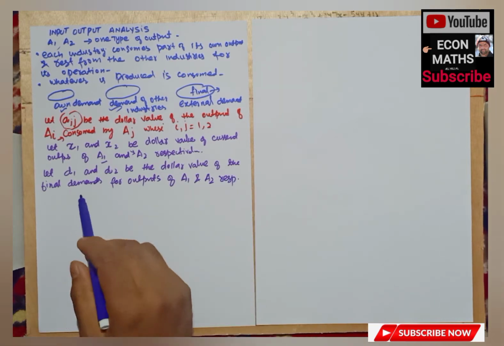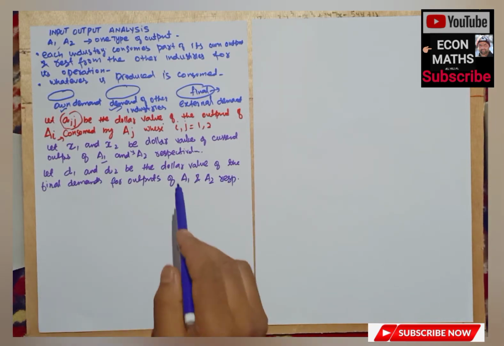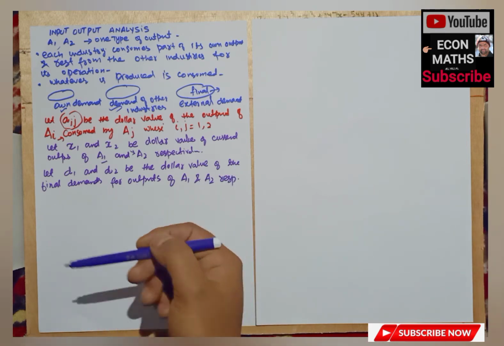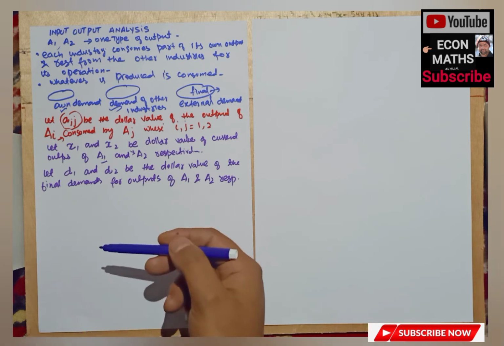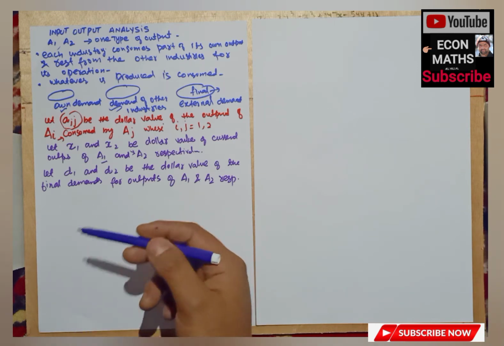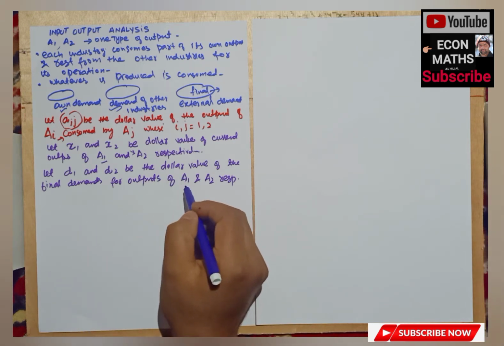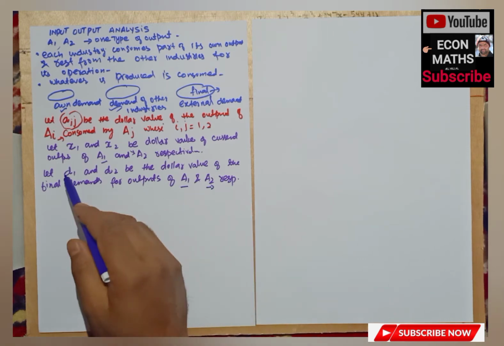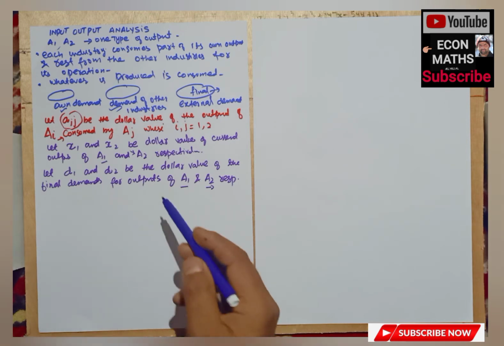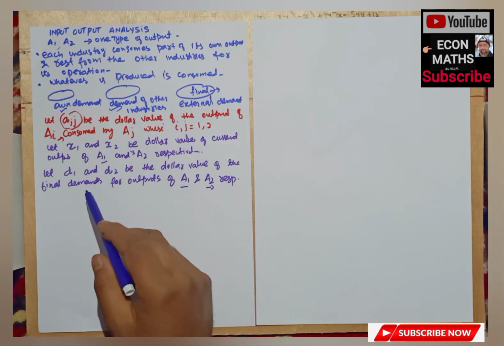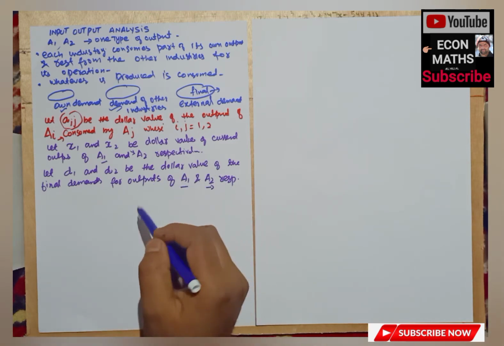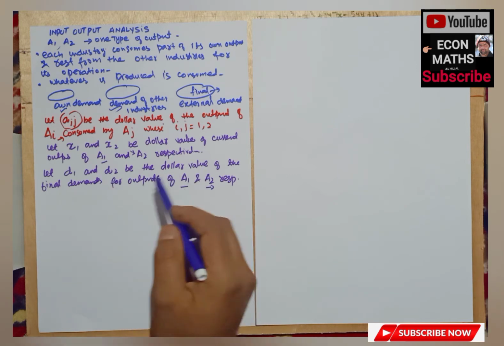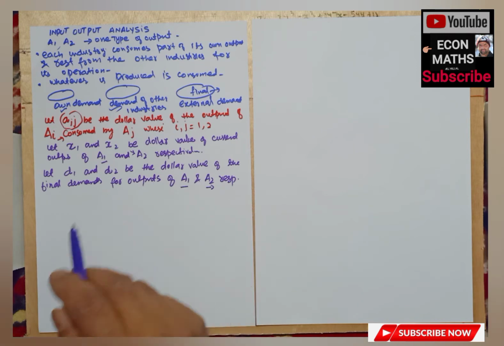That is, D1 and D2 are the dollar value of the final demands, the demand arising from the household sector, the government sector, or the export sector. D1 denotes the dollar value of the final demand for output of A1, and D2 is the dollar value of the final demand for outputs of A2 industry.